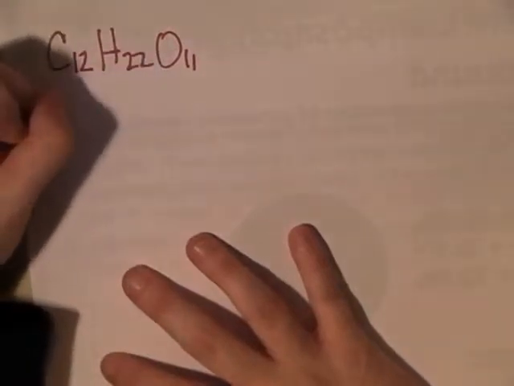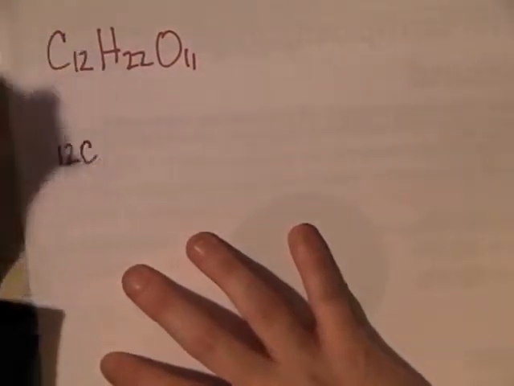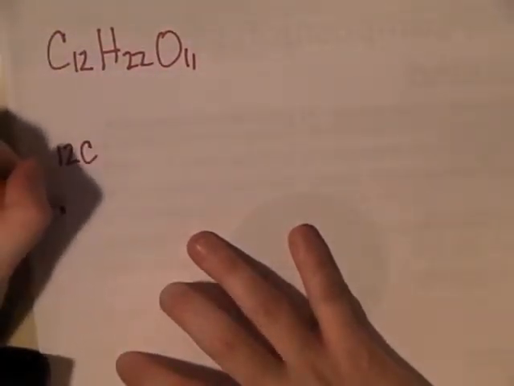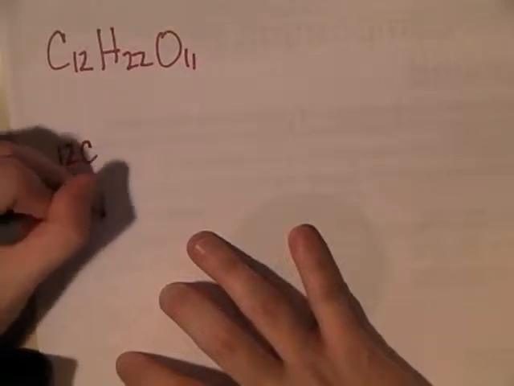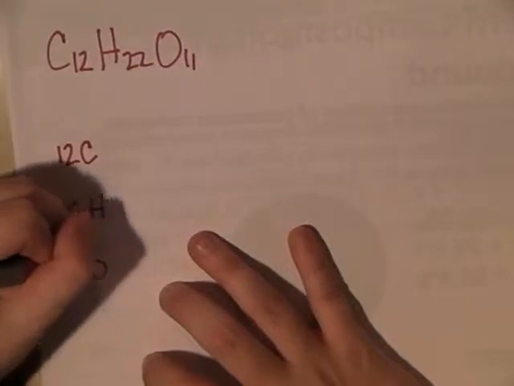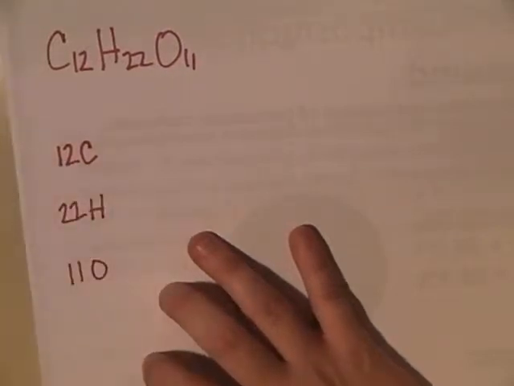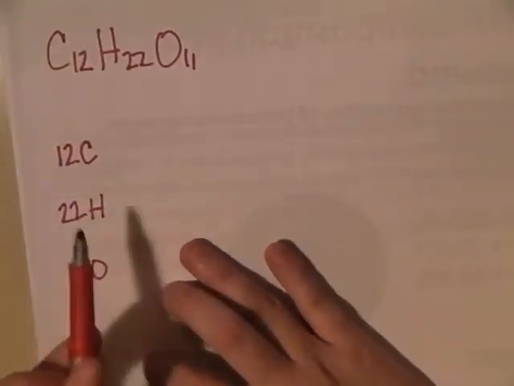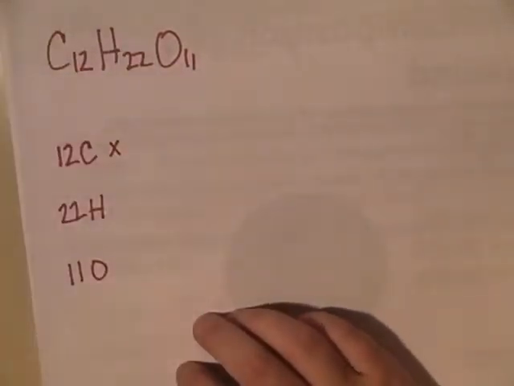You know you've got how many carbon? You got 12. Good. How many hydrogen? 22. And how many oxygen? 11. So we need to calculate molar mass and subtotals for each one of these. So just find molar mass the way we have been. What am I going to multiply those 12 carbon by?